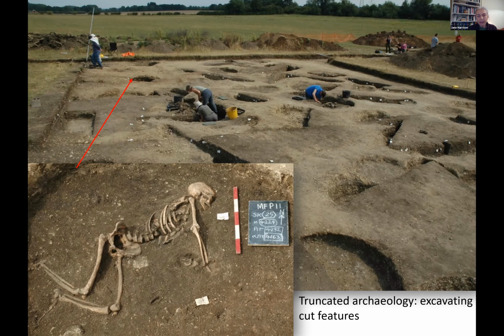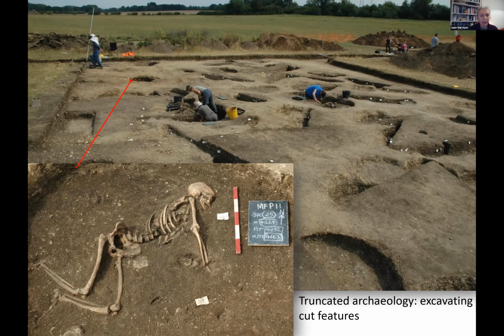But what is often the case on archaeological sites is they are what is known as truncated, which means that over time, whether it's ploughing or later activity, has taken off the top of the site. So what you're getting is not the full depth of the original archaeological layers and deposits, but you've lost, I don't know, maybe 30 centimeters or whatever it is to the plough, or to stripping topsoil for potatoes, or to building, whatever it is.